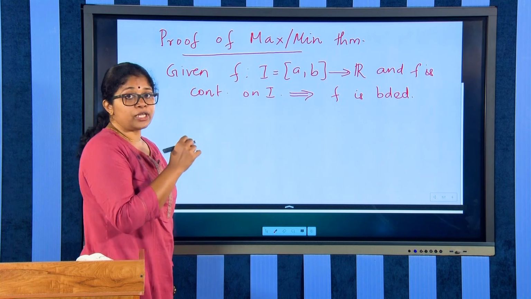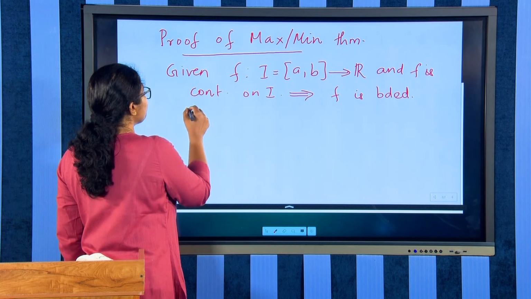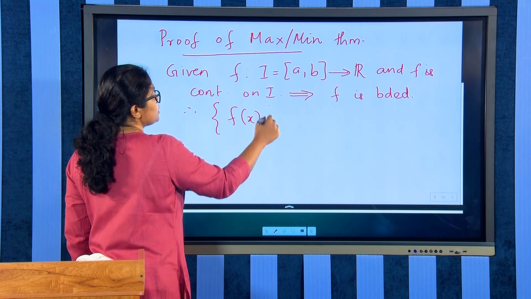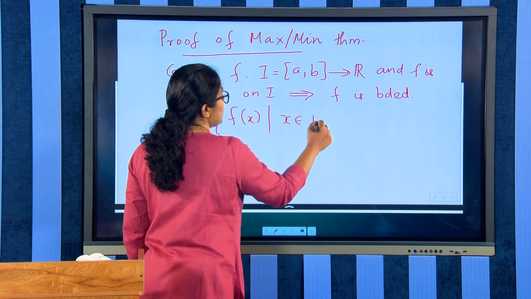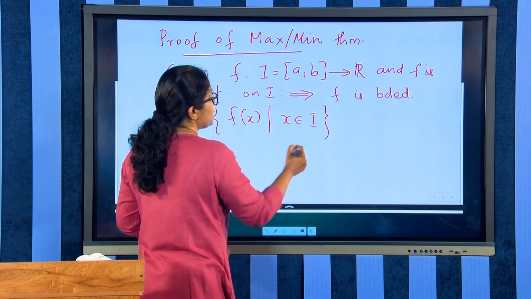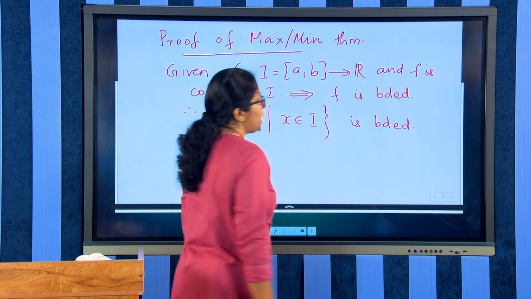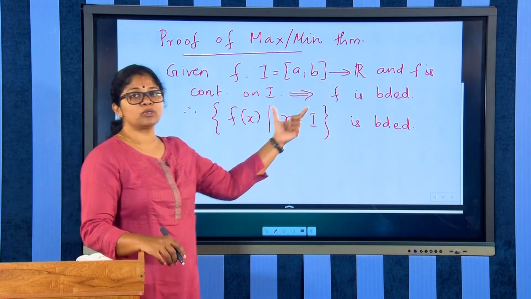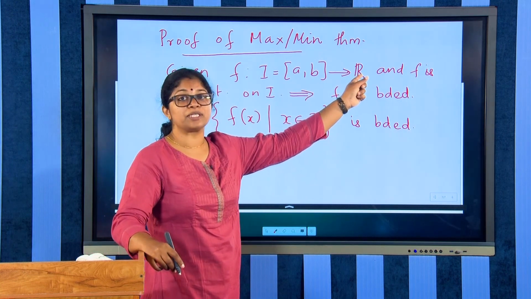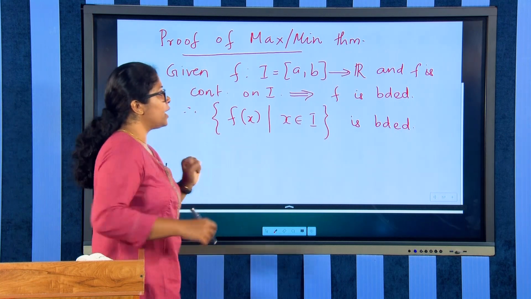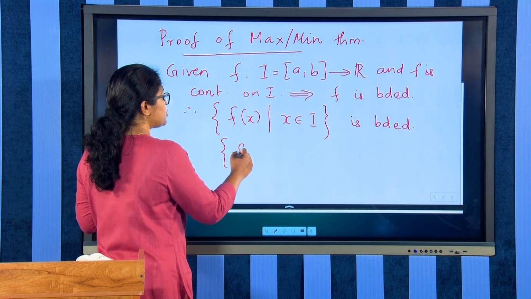Therefore, by the definition of bounded functions, we know the set {f(x) : x belongs to I}, which is called the range set, is bounded. And where does this range set belong to? The range set is a subset of the set of all real numbers.